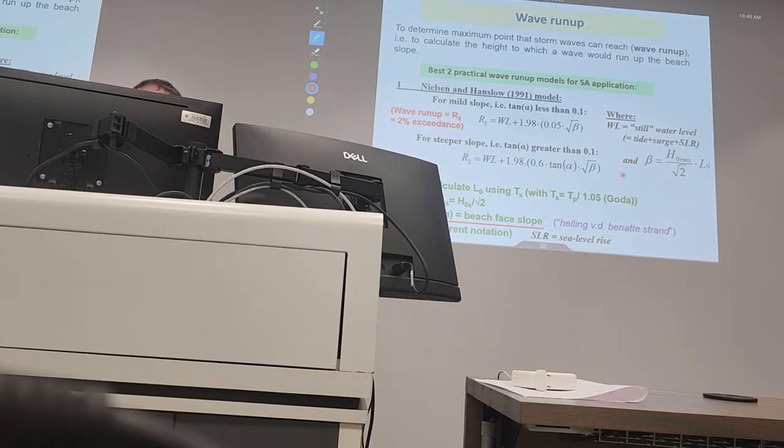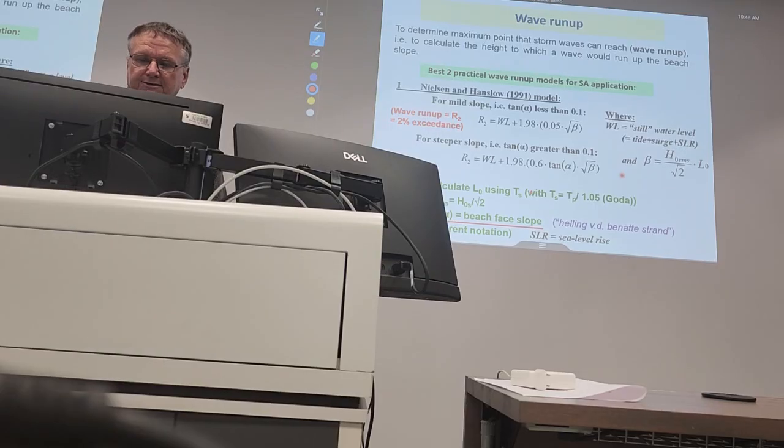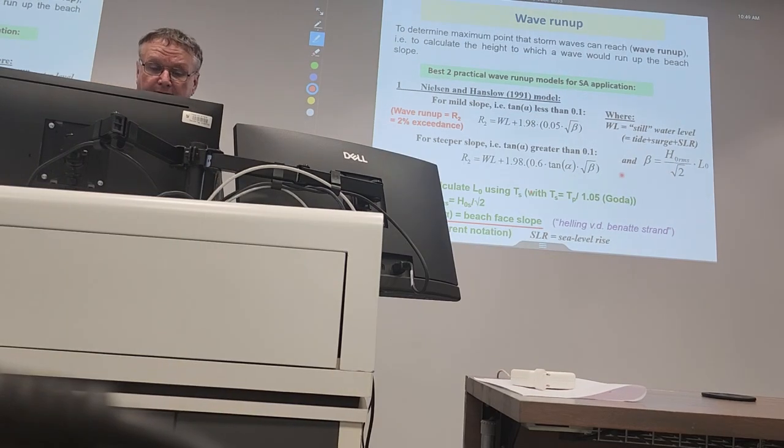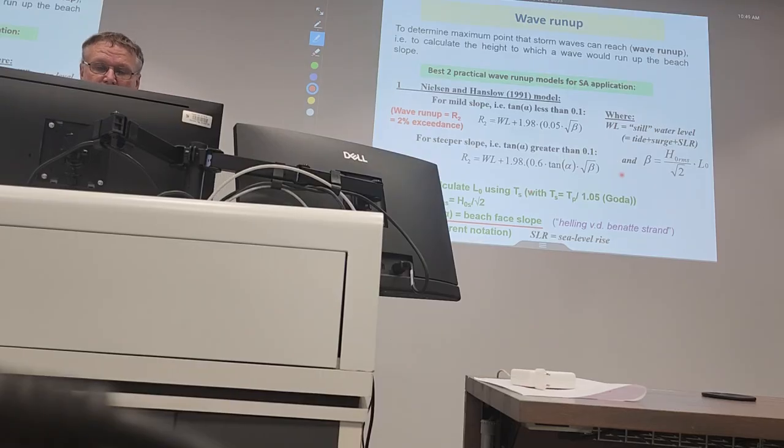And that's 1.98 times 0.05 square root of beta. Once again, it all depends where beta, I'll come back to beta, but this is now for cases where we have tan alpha less than 0.1. Tan alpha is your beach slope face.